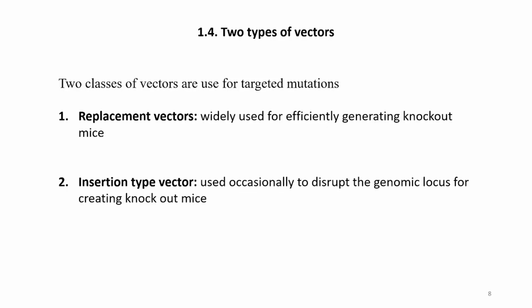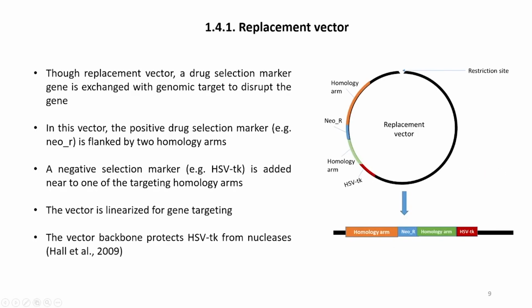Insertion type vectors are used occasionally to disrupt the genomic locus for creating knockout mice. So in the first case, the gene is totally replaced, but in the second case, the gene is not replaced, but the gene is disrupted by insertion of an intervening sequence.